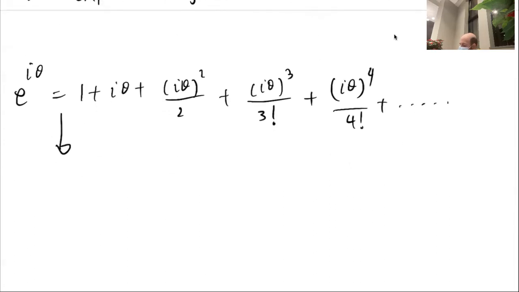Here we use the fact that e to the x can be written as 1 plus x plus x squared over 2 factorial, x cubed over 3 factorial, plus other terms. So this is called Taylor series for exponential function. And we use the same Taylor series, we replace x with i theta here.